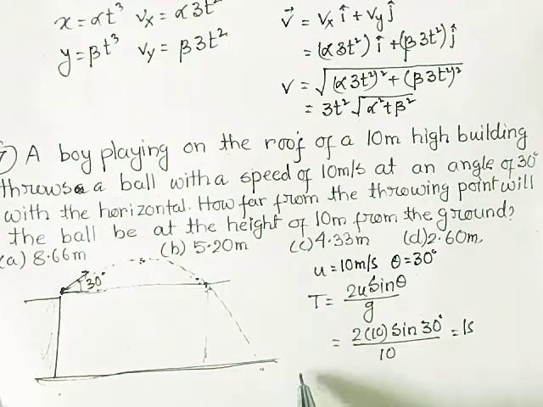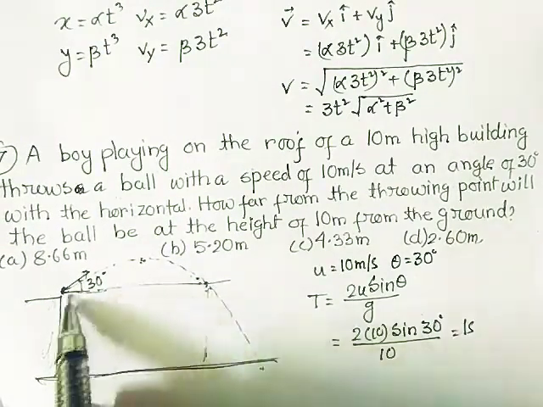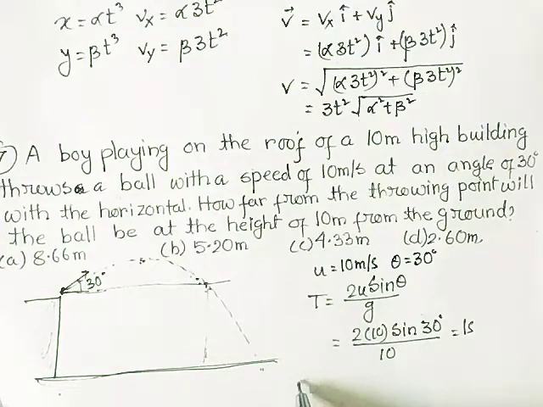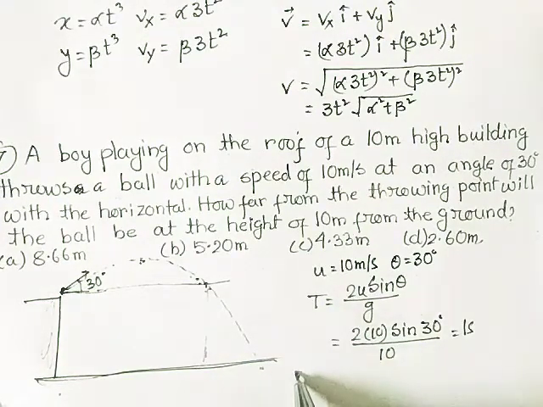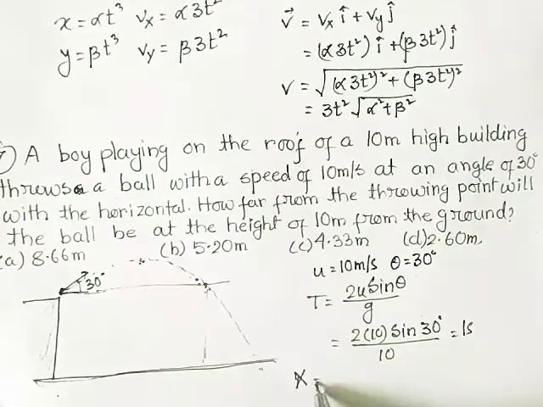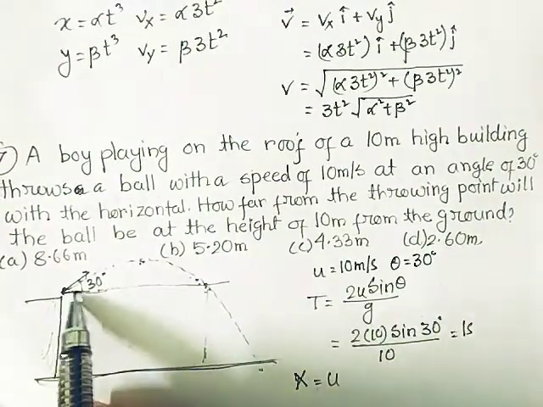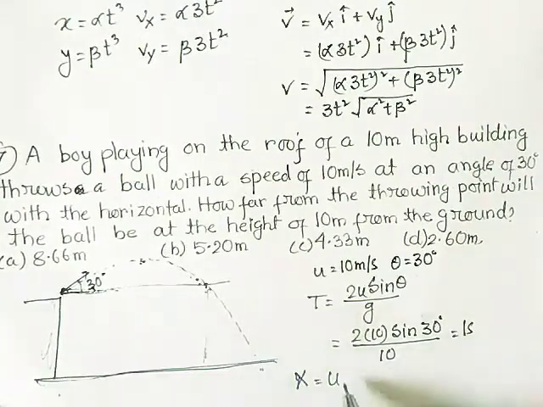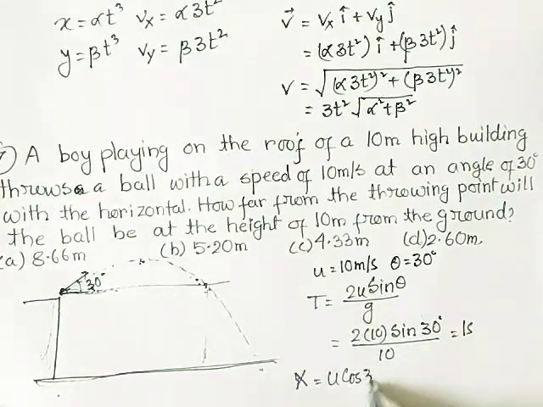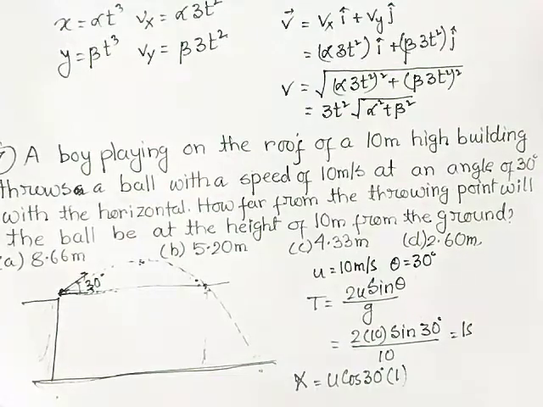Now the distance covered by it in this 1 second, we can say it is x. So x equals u cos theta times time, where u cos 30 degrees is the velocity along the horizontal direction. Time is 1.